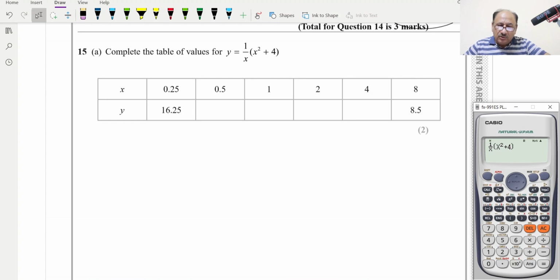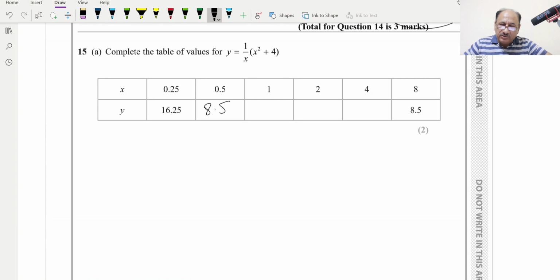This is our equation. Now to check whether everything is fine, we'll take the first value as 0.25 and press the calculate button. Calculate for x is equal to 0.25, and this should give us 16.25. I'll press equal, and it gives 16.25, so everything is fine. Now we can go ahead with the unknown values. For 0.5, calculate for 0.5, and this is equal to 8.5, so 8.5 will be this value.